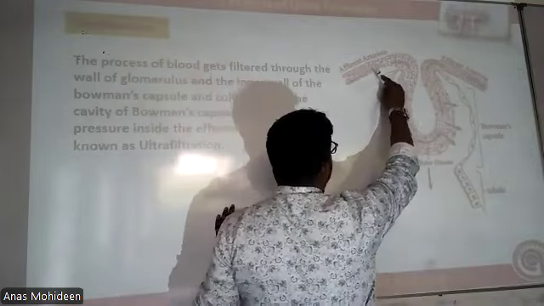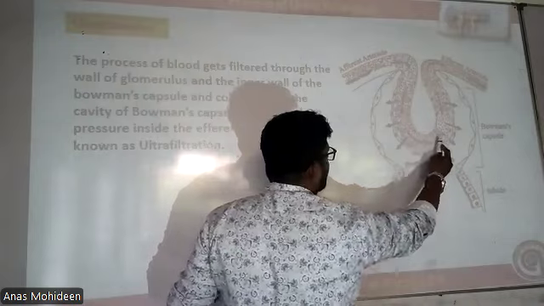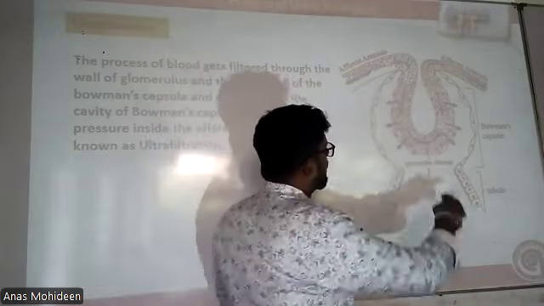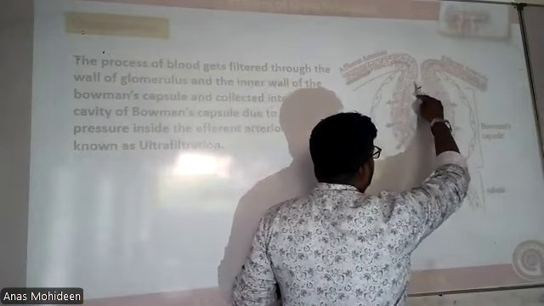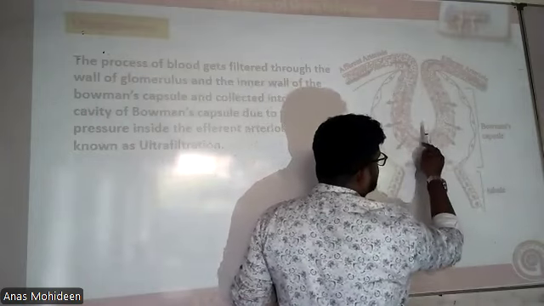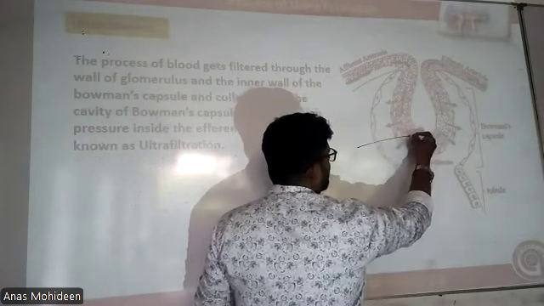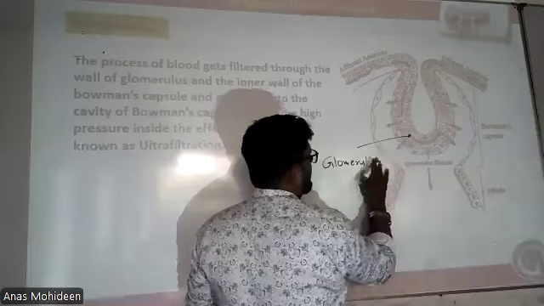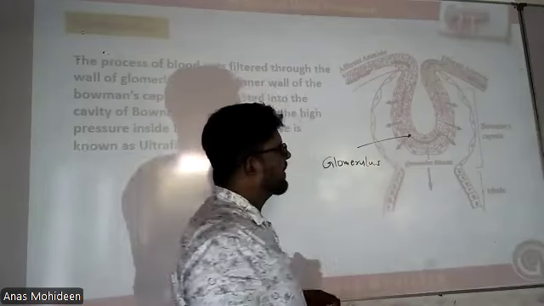The blood which flows along the afferent arteriole, when it enters the cavity, the inner part of the Bowman's capsule, makes the blood capillary network, which we term the glomerular network, or glomerulus.